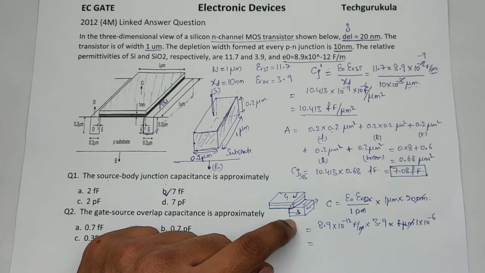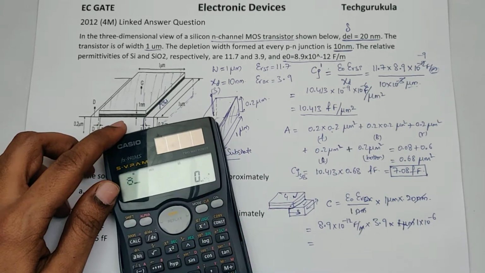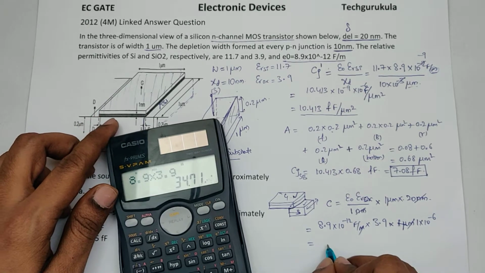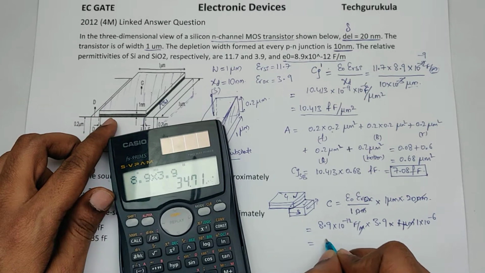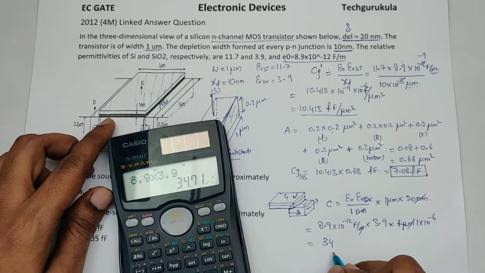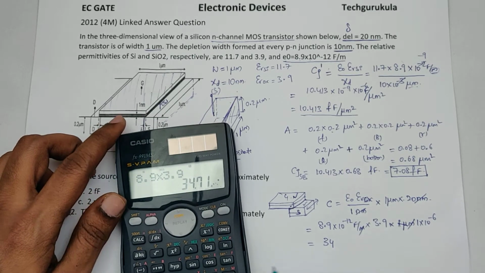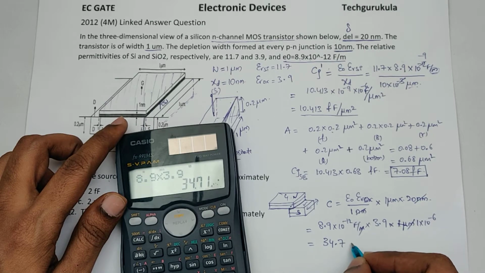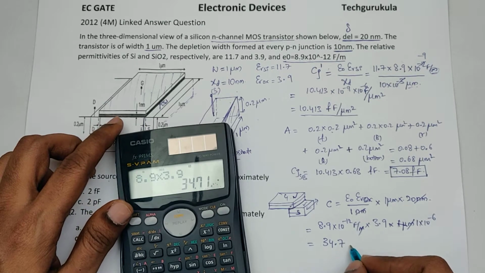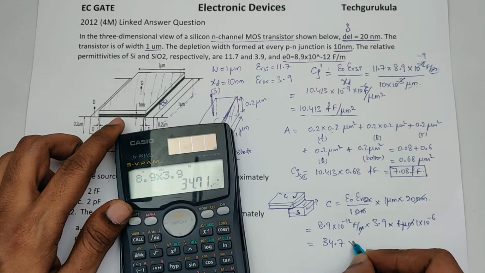Now let's multiply this, 8.9 times 3.9 is equal to 34.7, times 10 power minus 18.